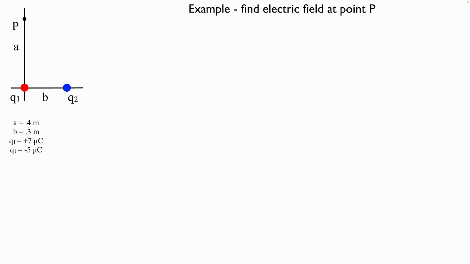Okay, so what does that look like? Well, that means that if I want to find the electric field at point P, I've got to find the electric field of charge number 1 and the electric field of charge number 2. Why are there not 2 subscripts? Because we're only dealing with one charge. The electric field doesn't care about that other charge, right? We're not talking about the interaction between 2 charges.